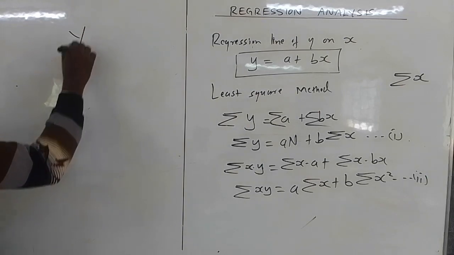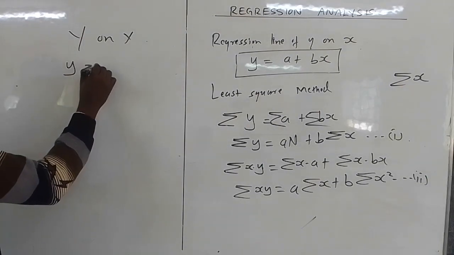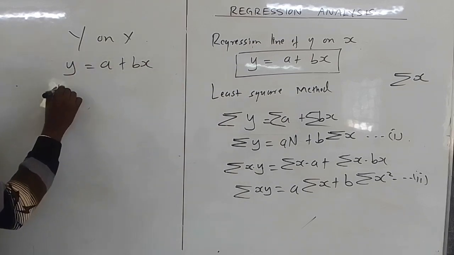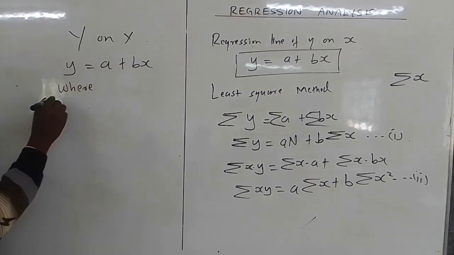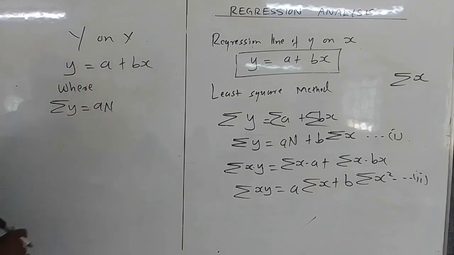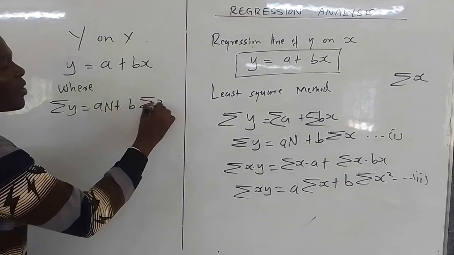So what have you seen? Regression of y on x is given by y equals a plus bx. If you multiply both sides by summation, you get summation y equals an, because if you sum a n times it is an, isn't it? Then plus summation b, you factor outside, you remain with summation x.